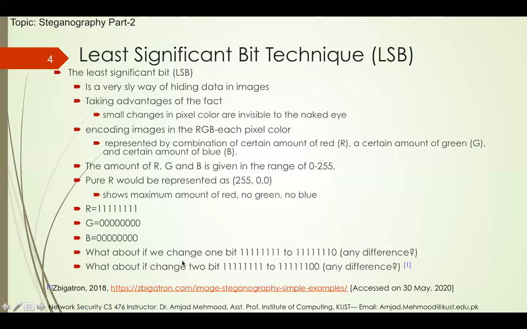And if you make a simple change of 1 bit, for example if you have 111 and you change the last bit, you will not get any visible difference. And if you make a 2-bit change, this is also not visible to the naked eye.